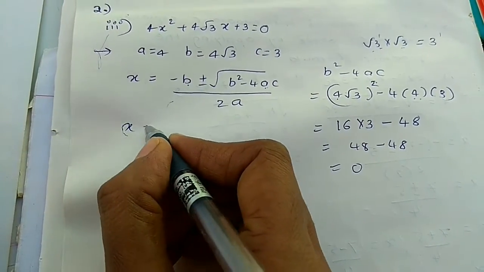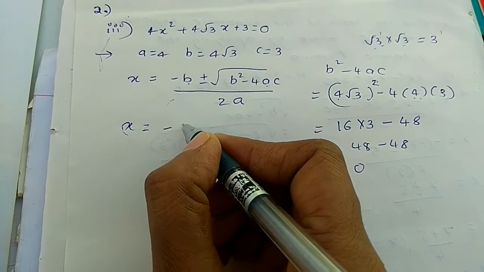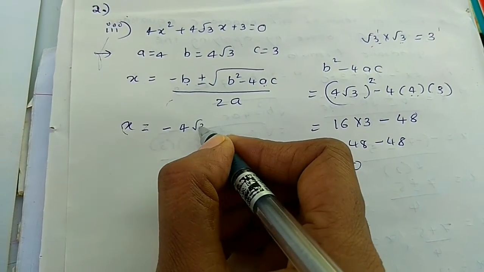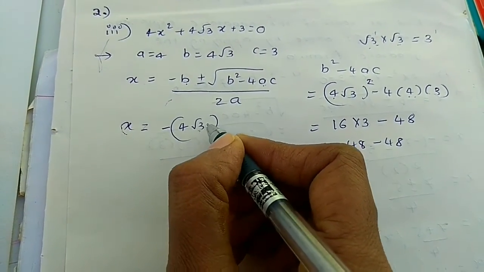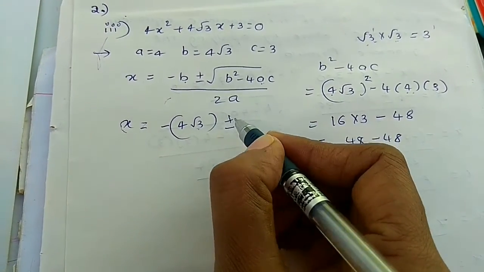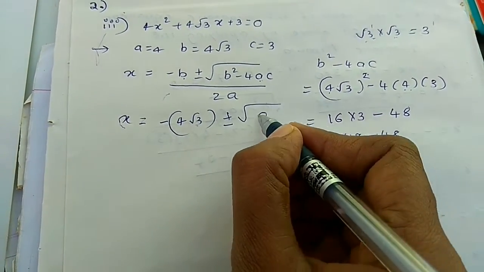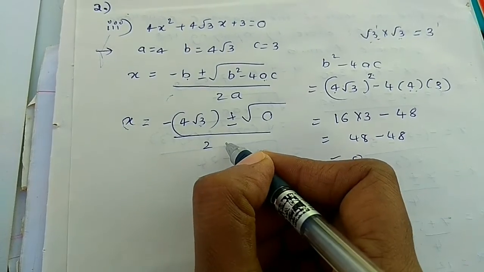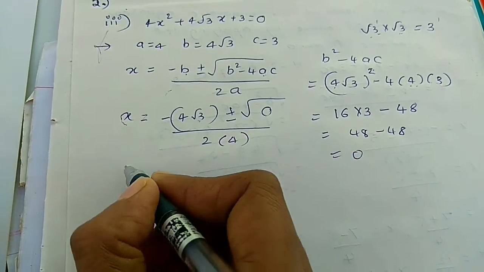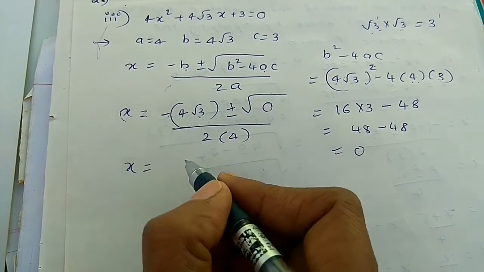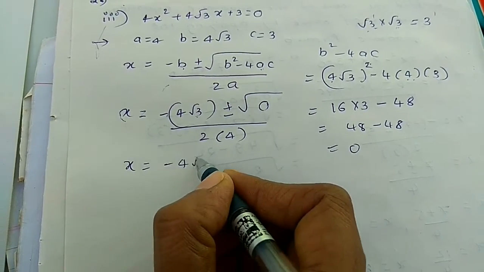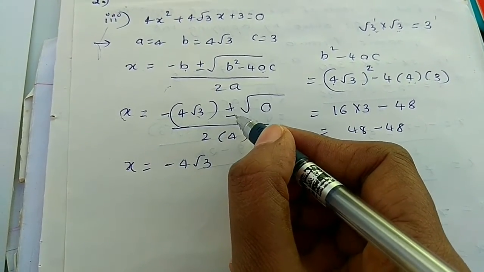So x equals minus b, that is minus 4 into root 3, plus or minus root 0, upon 2 into a. A is 4 here. So x equals minus 4 root 3 plus or minus root of 0.